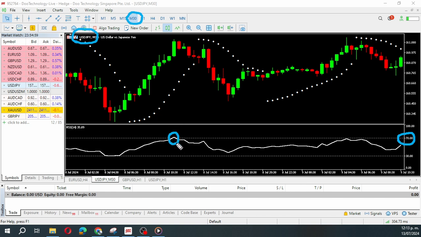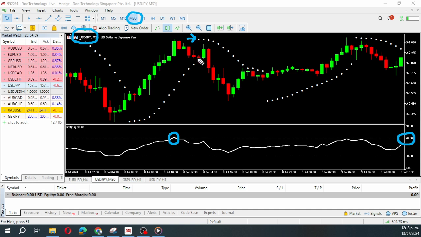So when this happens, we should wait. We should wait for the SAR indicator to draw the first point that indicates to us that a sell position should be happening and has a very high probability that the price continues in that direction.